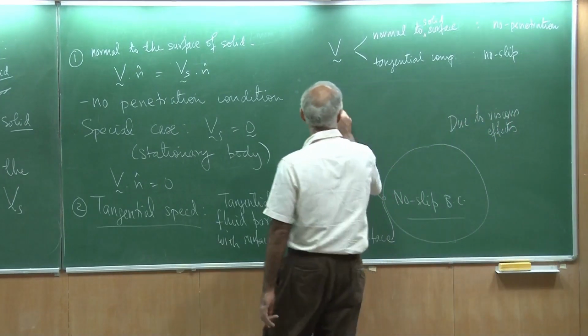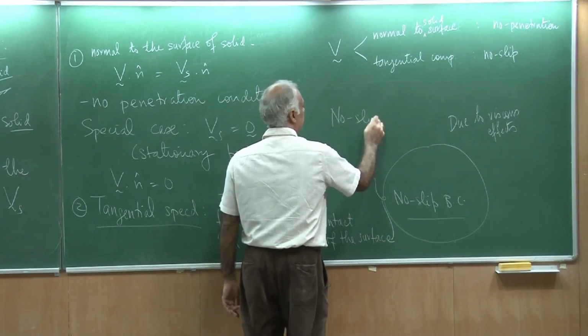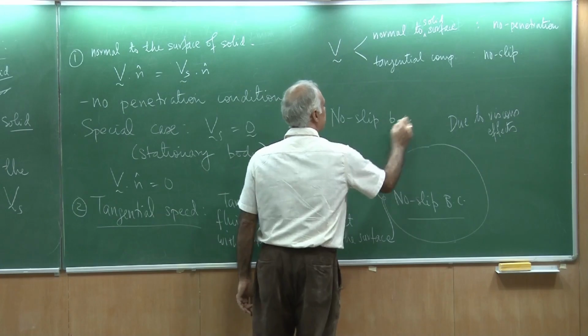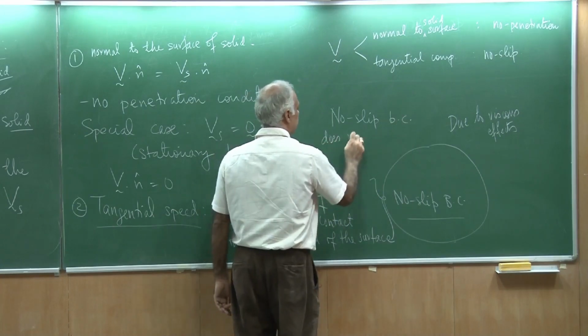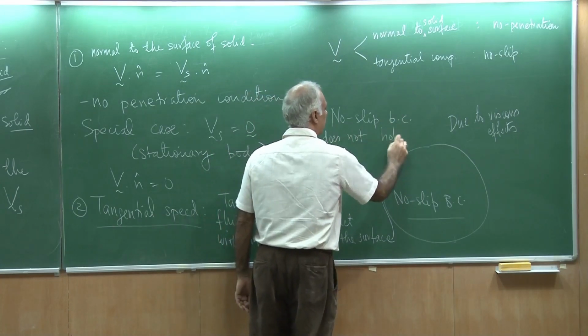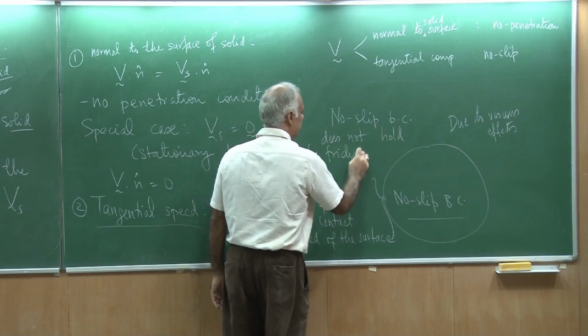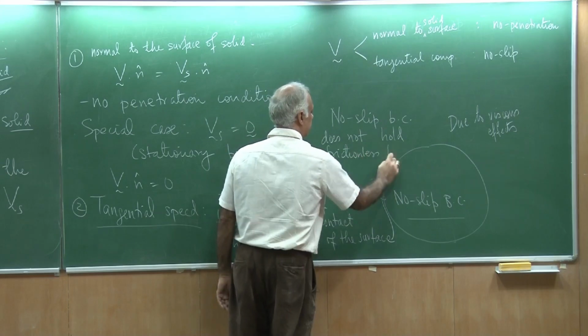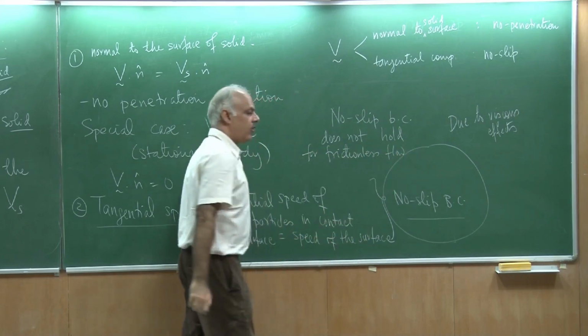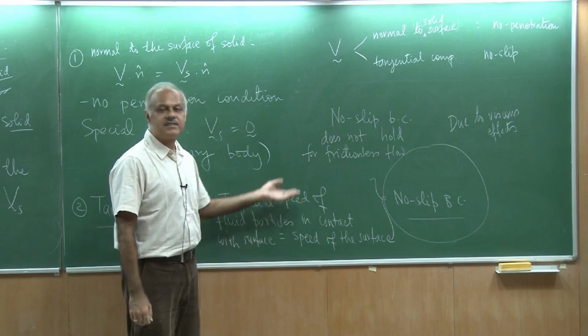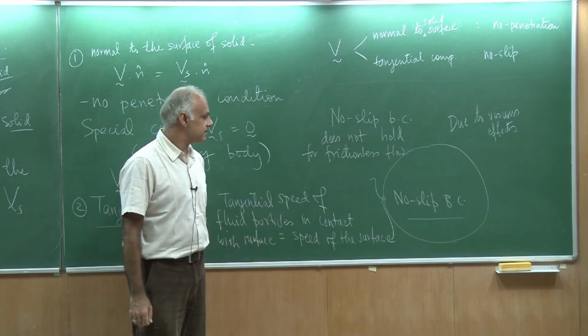So the no slip boundary condition does not hold for frictionless flow, or for the Euler equations that I mentioned earlier in this lecture.